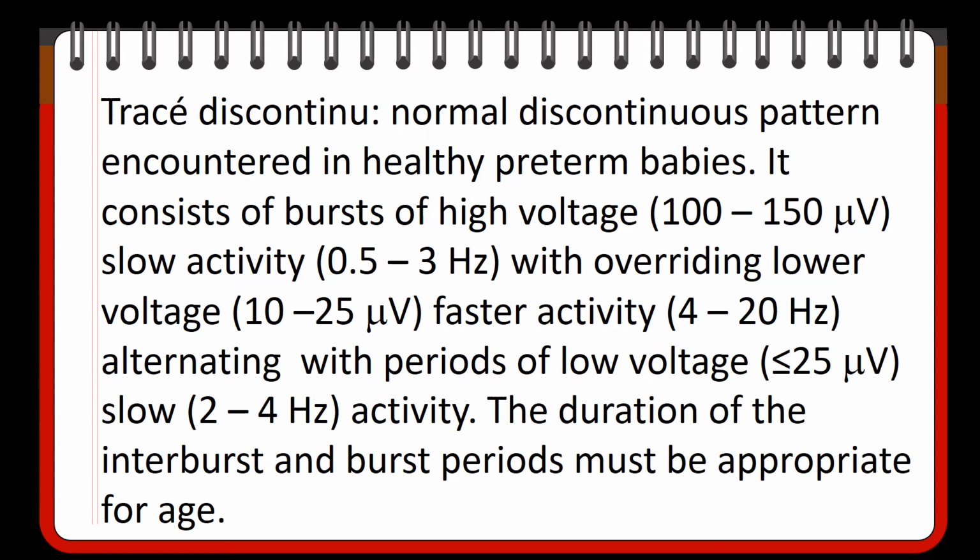This slow activity, which is in the delta range, is overridden by lower voltage faster activity. The bursts alternate with interburst intervals consisting of low voltage slow activity. Burst and interburst intervals must be appropriate for age.